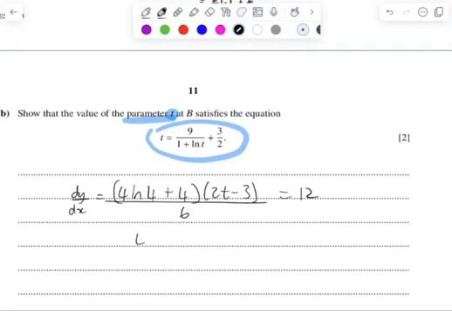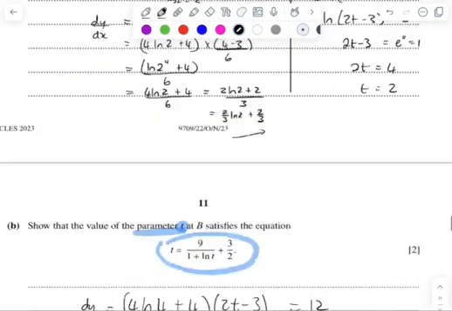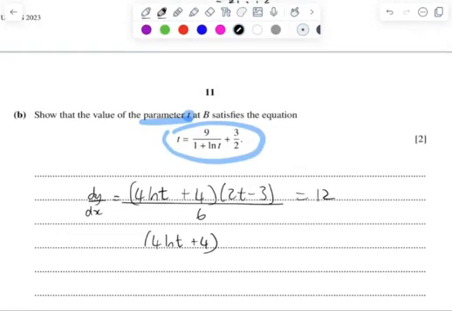Okay, so 4 ln, I just want to double check, it should be ln t. Okay, so I confuse my t's and my 4's. This is t. 4 ln t plus 4. Okay, so I'm just going to multiply my 6 through for now. 12 and 6 is 72.